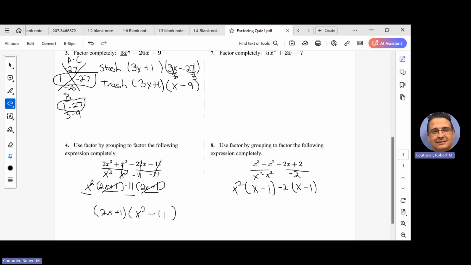Again, see, it's the same. So you know that's one of your factors. Bring it down, cross them off. Whatever's left, that's what goes in your second binomial, x squared minus 2. And like that, guys, you are done.